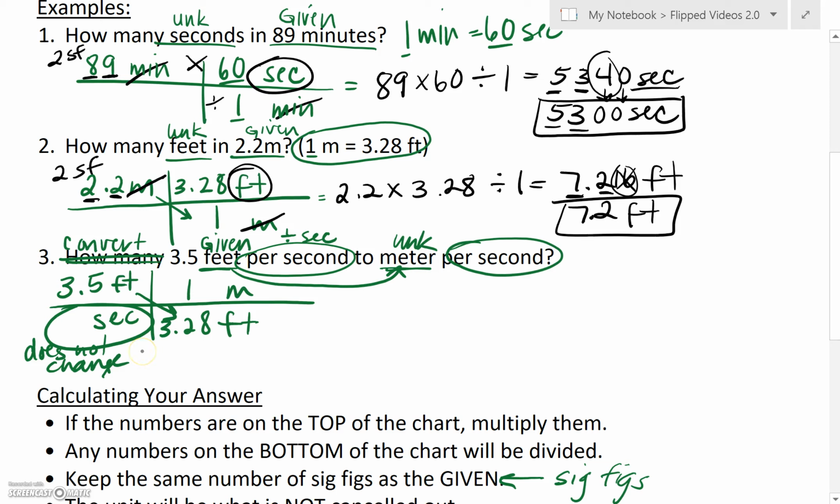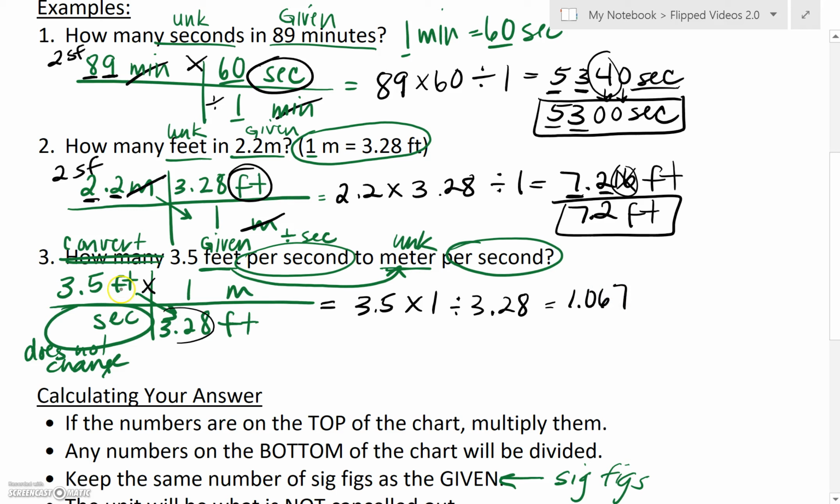You're going to see that the units are going to be a little bit different here, but let's do the math. Again, 3.5 and 1 are on the top. So I'm going to multiply that, 3.5 times 1. Whatever number's at the bottom, we're going to divide. So 3.28 on the bottom. I put that into my calculator, I get 1.067, and now let's look at the unit.